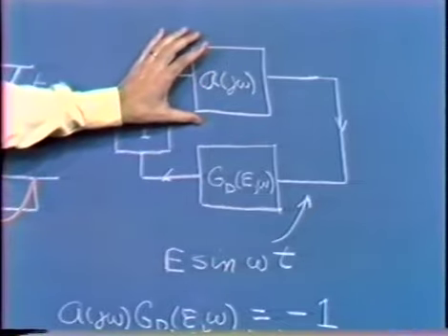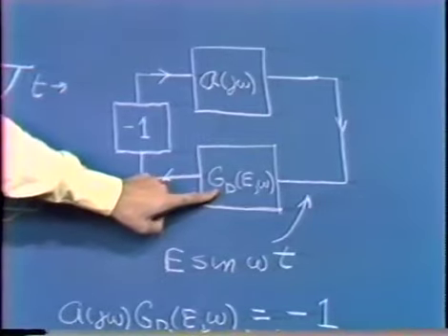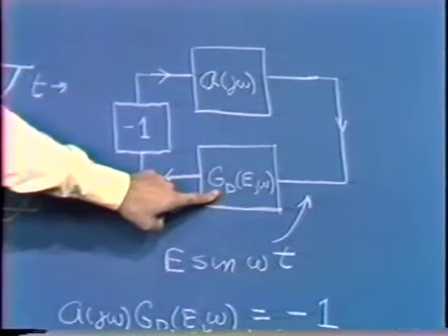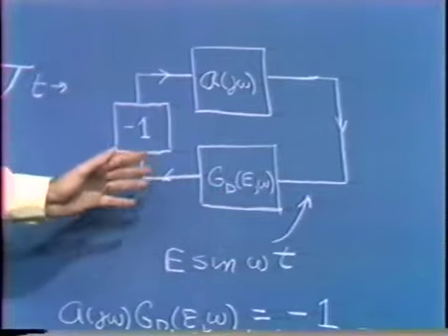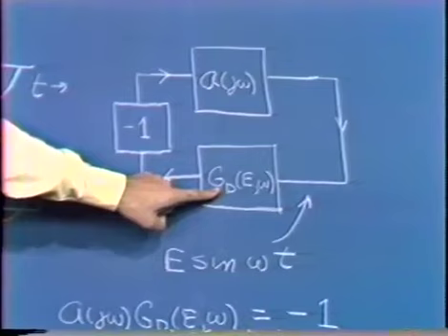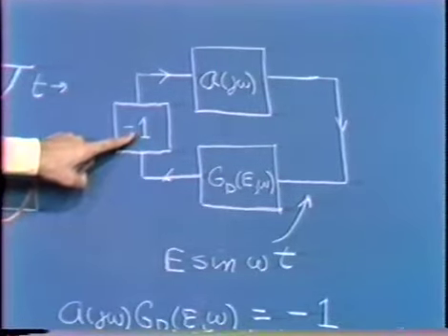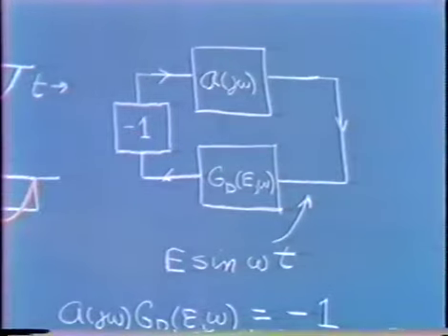We get all of our linear elements in one path here. We have a single nonlinearity, or a collection of nonlinearities that can be represented by a single describing function. And we specifically indicate that we're considering a negative feedback system by including a -1 here in the loop.